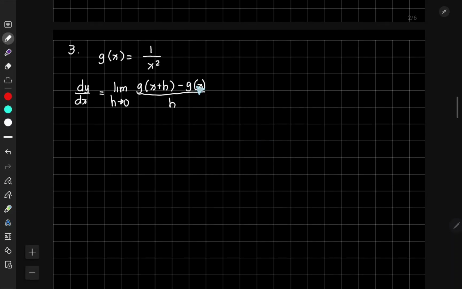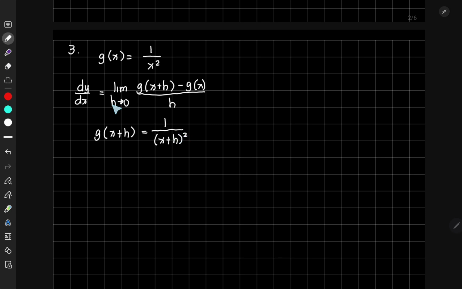So, we have g of x as 1 over x squared, but for g of x plus h, we have to get that. We just substitute x plus h into the x squared. So g of x plus h would be equal to 1 all over x plus h squared.